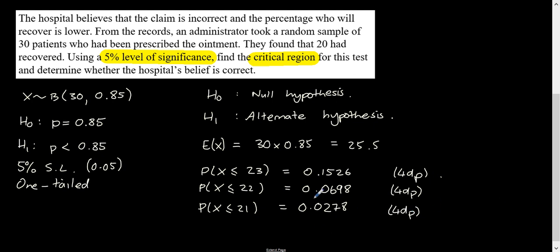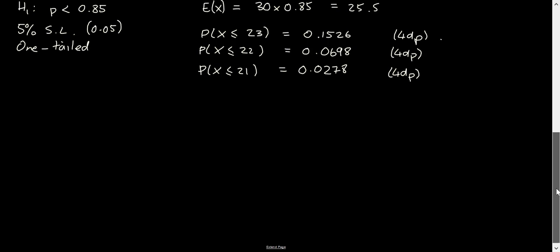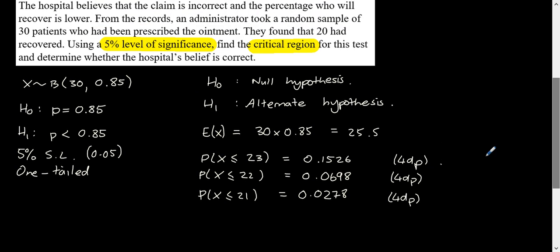And finally, we have a value less than our 0.05. So what we're going to say here, in the context of the question, is that a number of patients recovering of 21 or less out of the 30 is evidence that the 85% claim is incorrect.